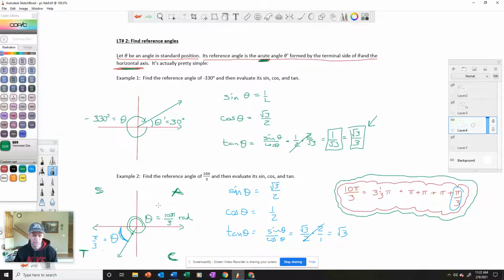I didn't have to think of anything. But in the third quadrant, you see how it says here that the tangent has to be negative? So you're going to have to think about that. Excuse me, the tangent's positive, my bad, and everything else is negative. So you have to consider that. Remember that in the third quadrant, the sine is going to be negative, the cosine is going to be negative, and therefore the tangent, which is a negative divided by a negative here, is going to be a positive.